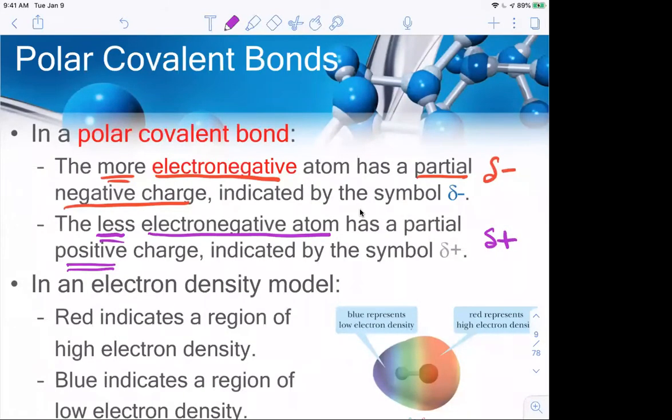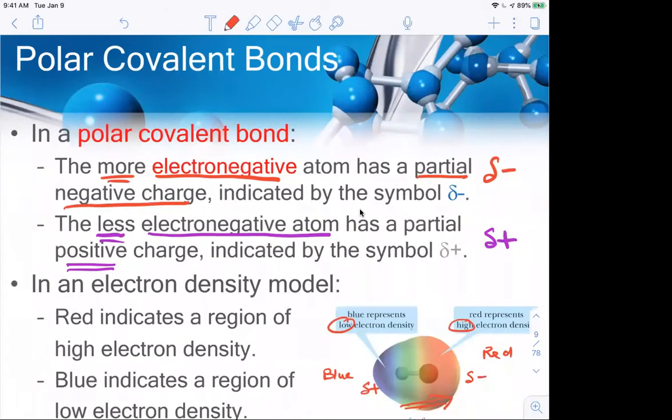In an electron density model, this area here has high electron density, this red, and then this blue area has low electron density. So the electron density is shifting this way, which means this is partially negative because it has a buildup of negatively charged electron density, and then this is partially positive.